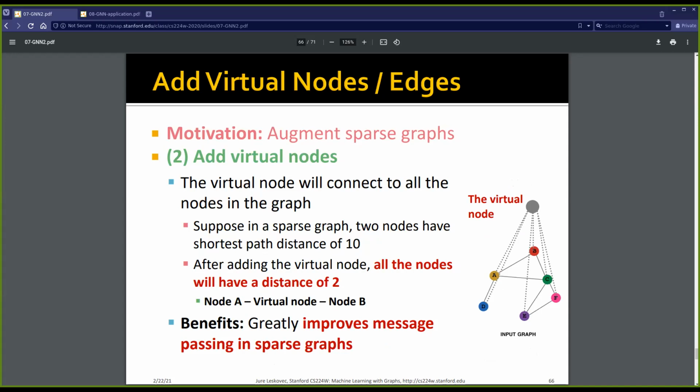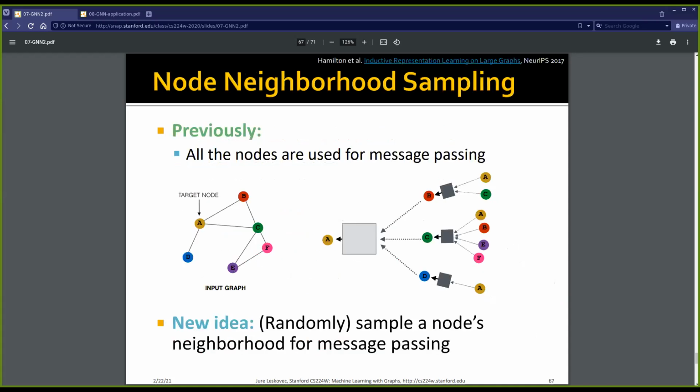In the example discussed in this lecture, if we have 2 nodes that are 10 hops apart, then we would need to stack 10 layers just to go through the 10 hops. But as we see with oversmoothing, it's not possible. So we can just add a virtual node and then they are at distance 2. And in general, it should improve the message passing in sparse graphs.